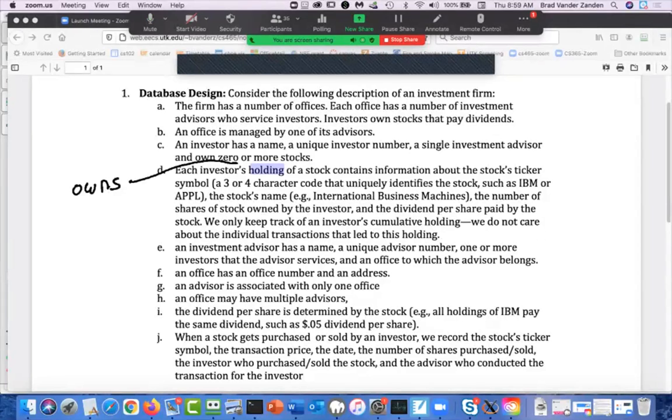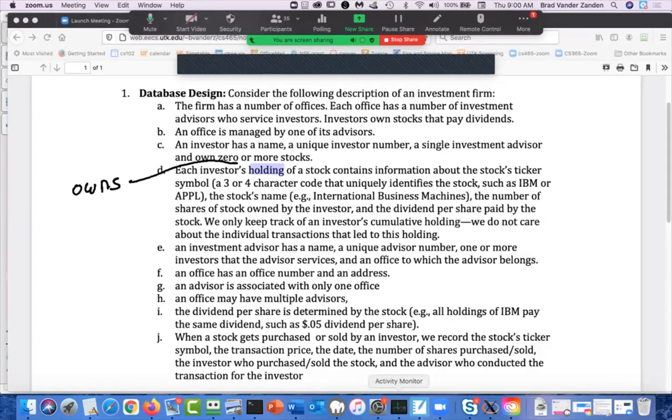So this owns relationship actually has some attributes associated with it. So it's going to have information about the ticker symbol, stock's name. It's going to have the investor's ID, the number of shares, and the dividend.